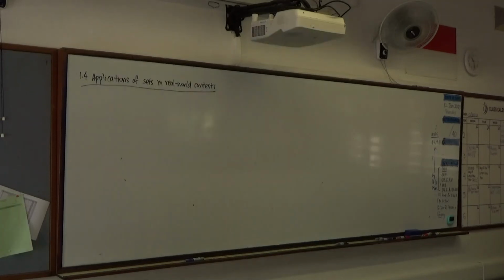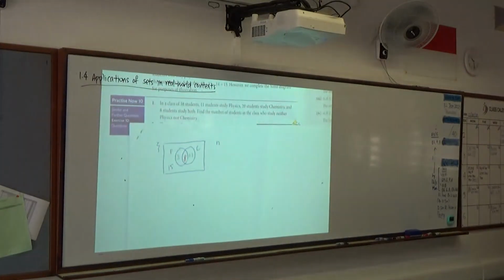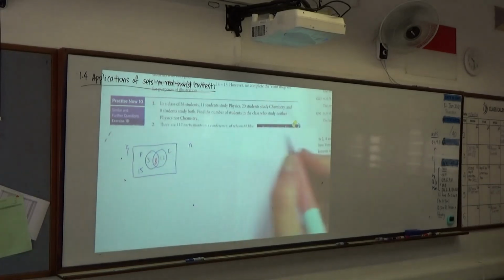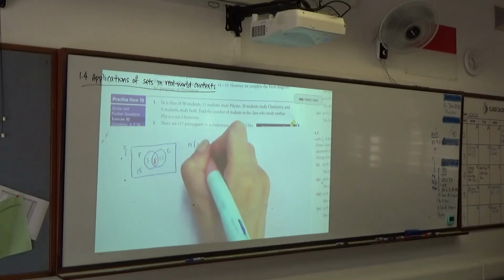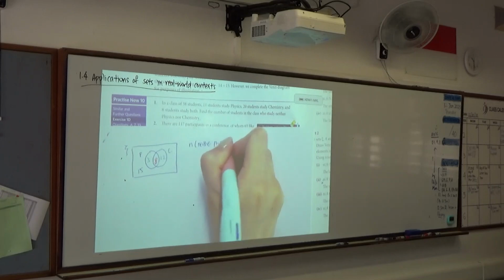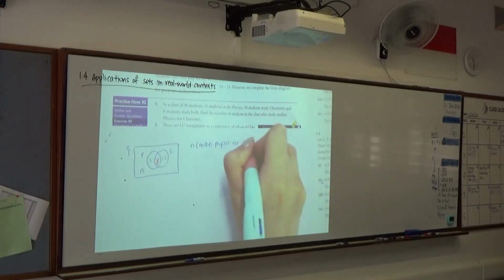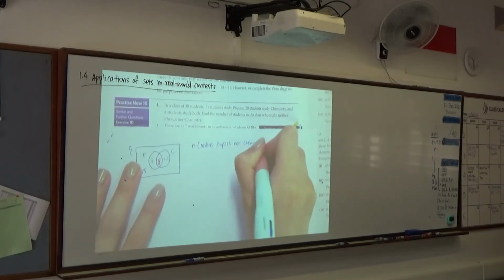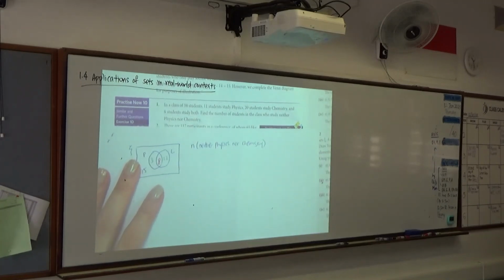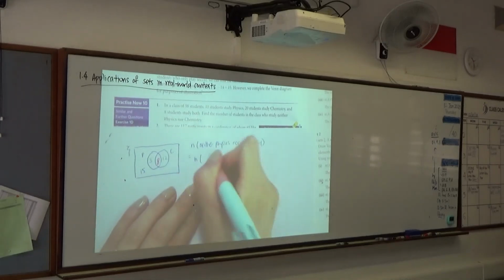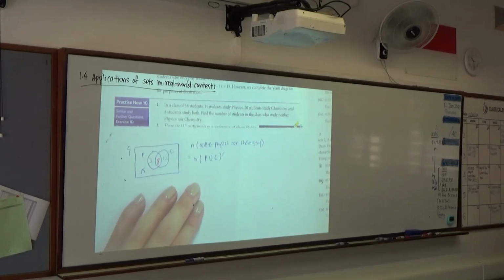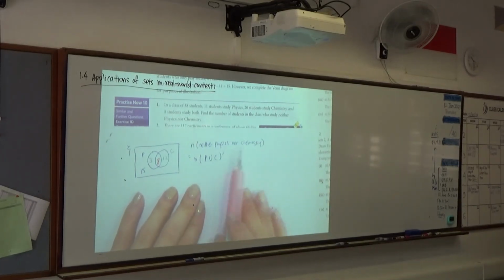Okay, so the number of students who study neither chemistry nor physics. What this means is that it is the same idea as P union C complement, because they don't study physics and chemistry.